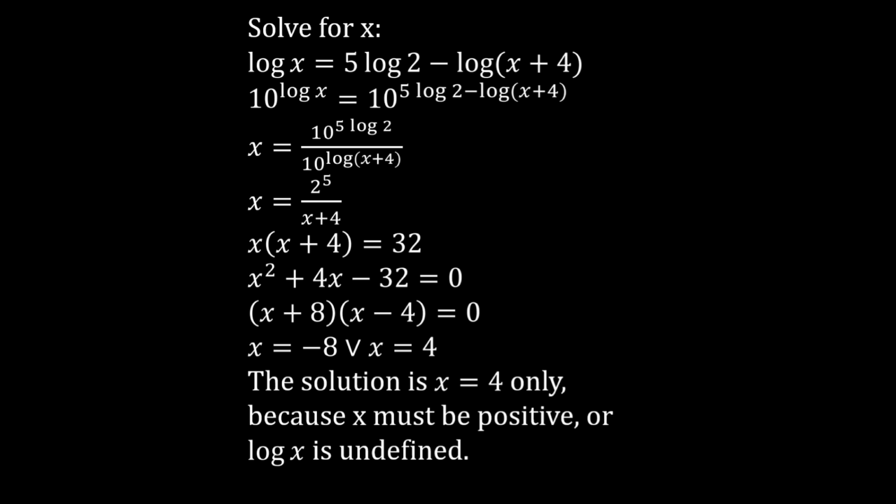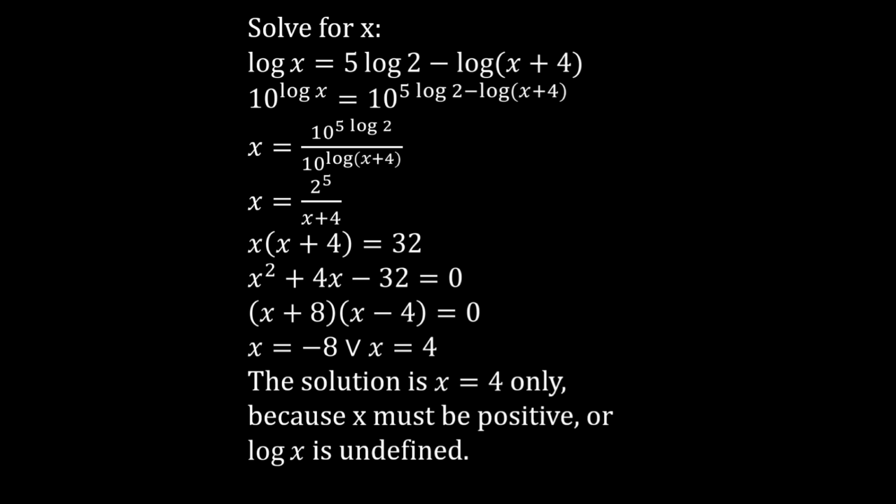X equals 2 to the power of 5 over x plus 4. We can multiply both sides with x plus 4. So we get x times x plus 4 equals 32.